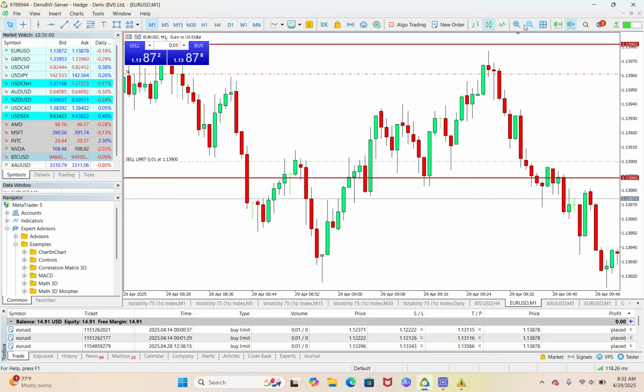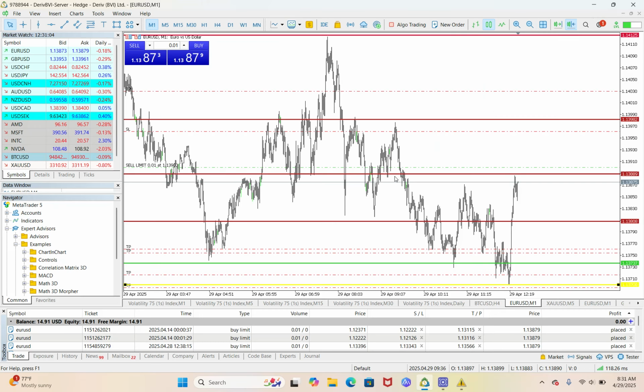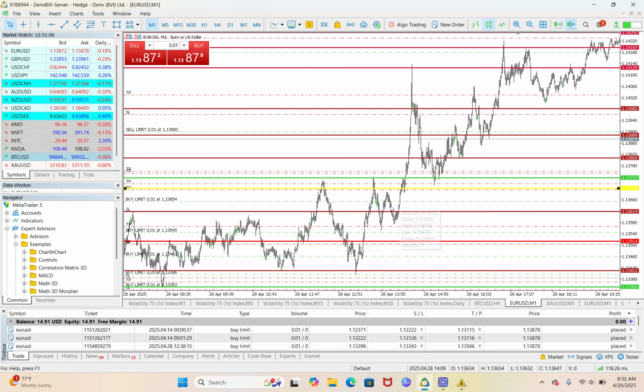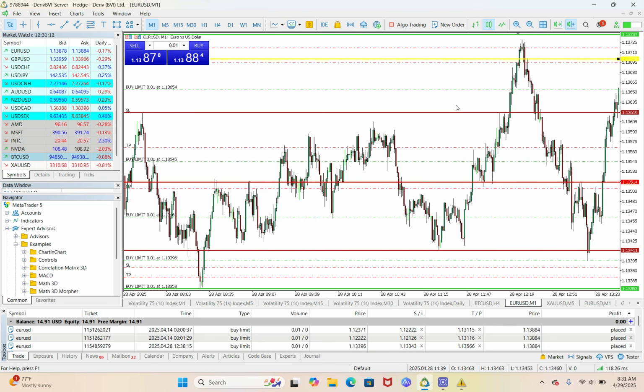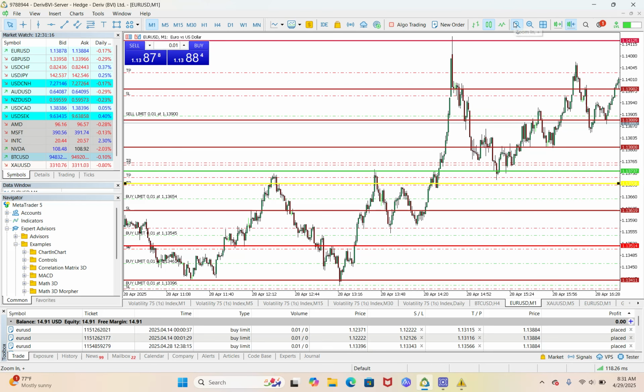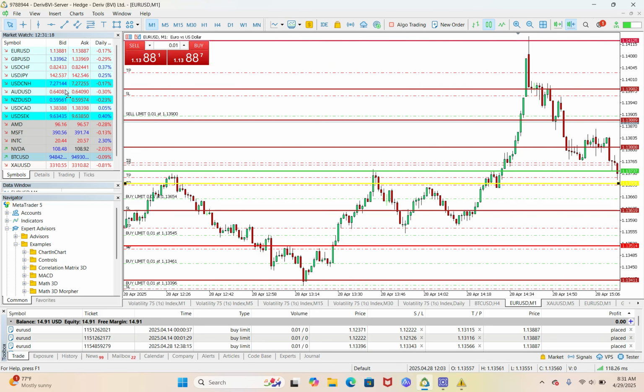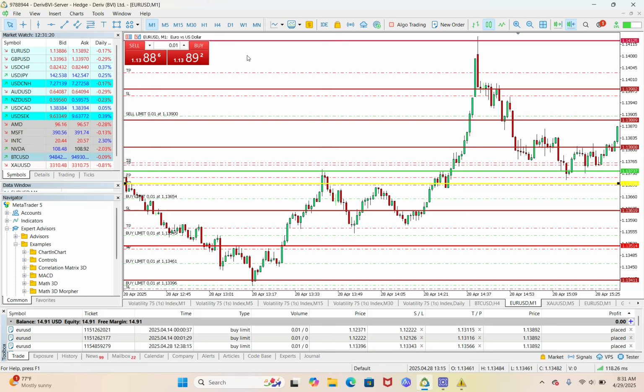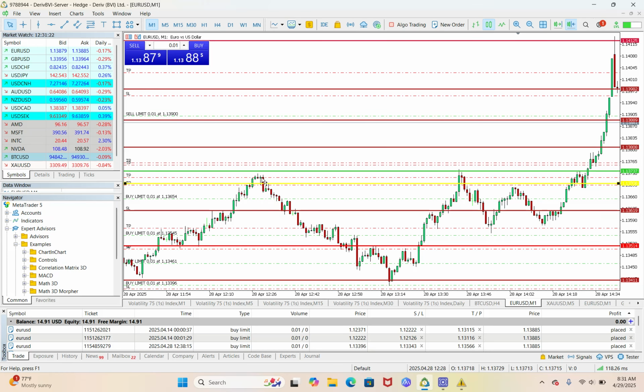I zoom out. See, this is where the market came. Okay, right. So look what happened. This was already an area where sellers were in control of the market.